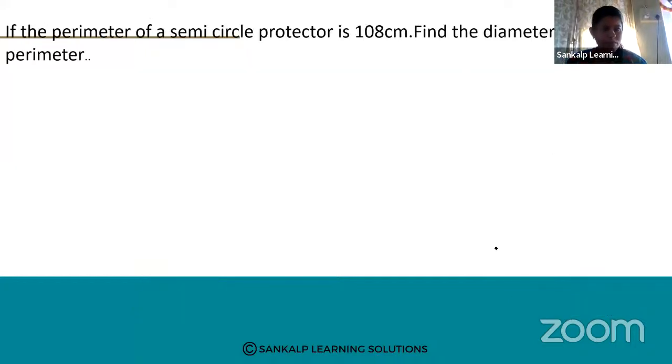Next question. If the perimeter of a semicircle protector is 108 centimeter, just now only I told about the semicircle protector, find the diameter.